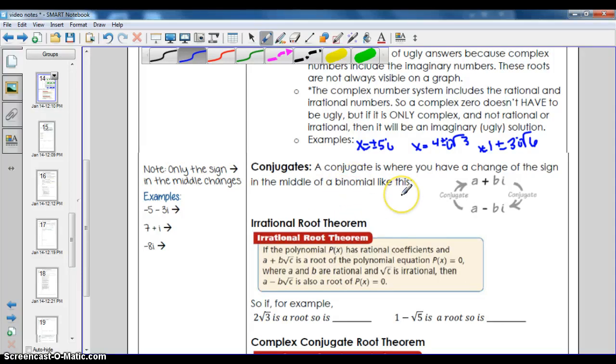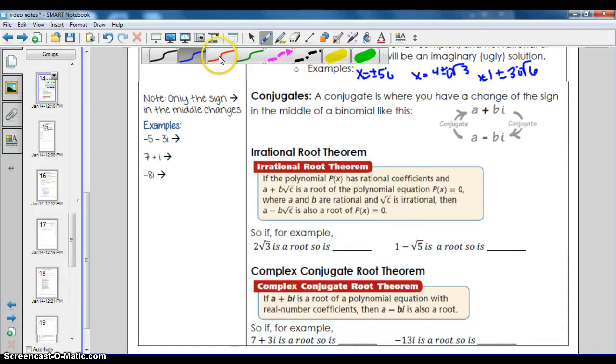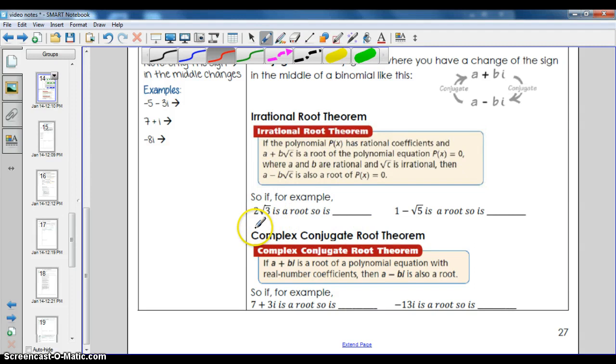So a conjugate is where you have that change in the middle of the binomial. And that is its imaginary part that the sign is changing on. So basically, if you have a root 2 square root 3, if that's a root, then you know -2 square root 3 is also, because we know it's plus or minus.